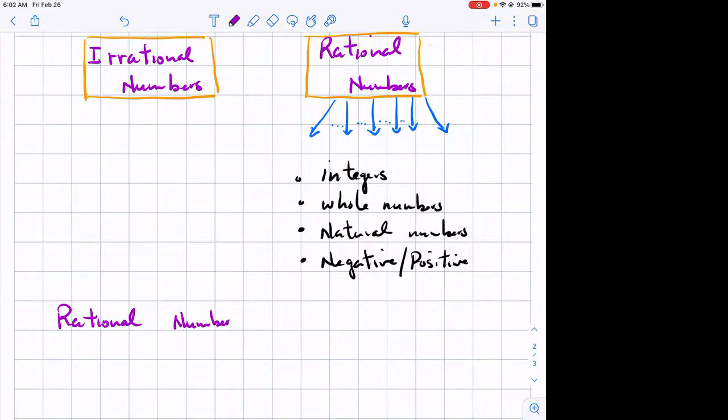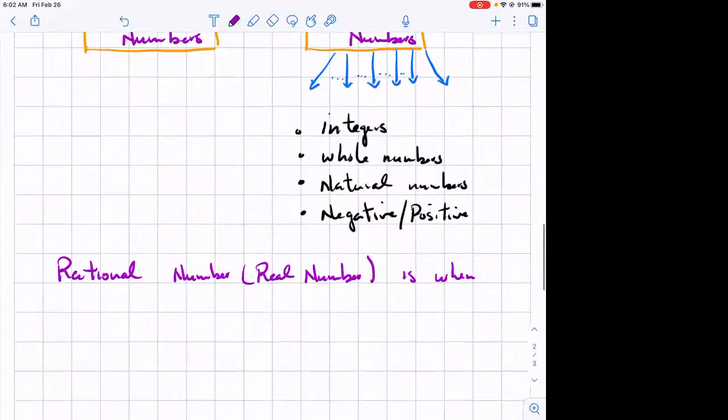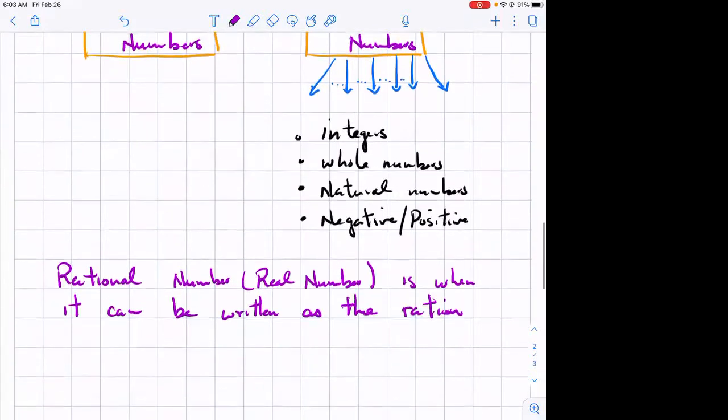Rational. A real number, and please note that it is a real number here, is rational when it can be written as the ratio, and hence the word rational, right?